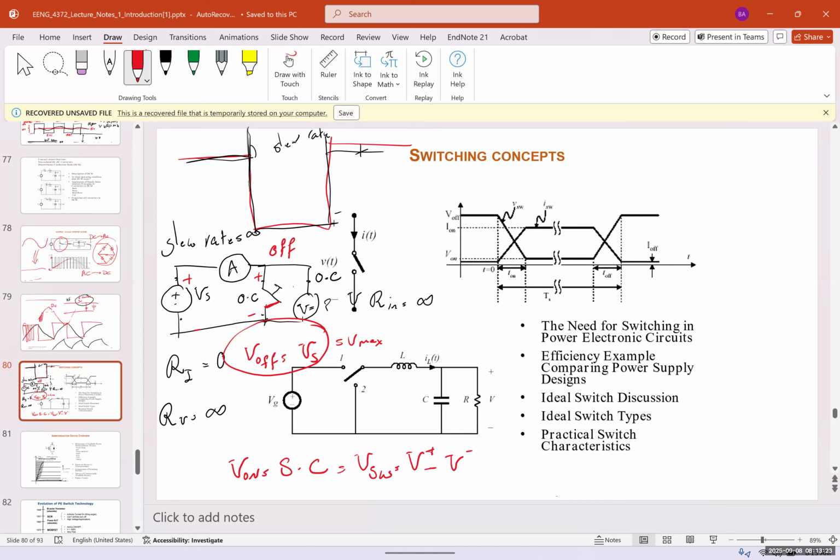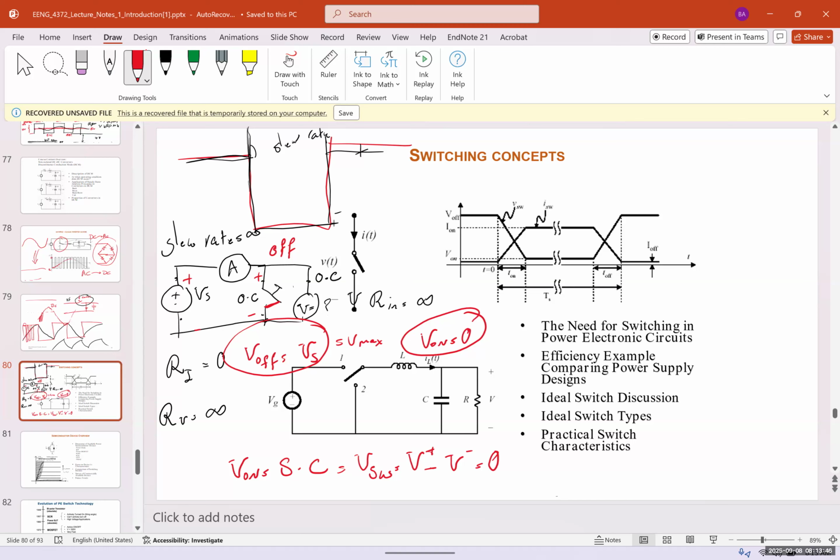Am I correct? And since they have the same voltage, it's gonna be what? 0 or close to 0, because you have a little bit of internal resistance still, okay? But in an ideal situation, it's gonna be 0. So V on, it's gonna be equal to 0 for the switch.